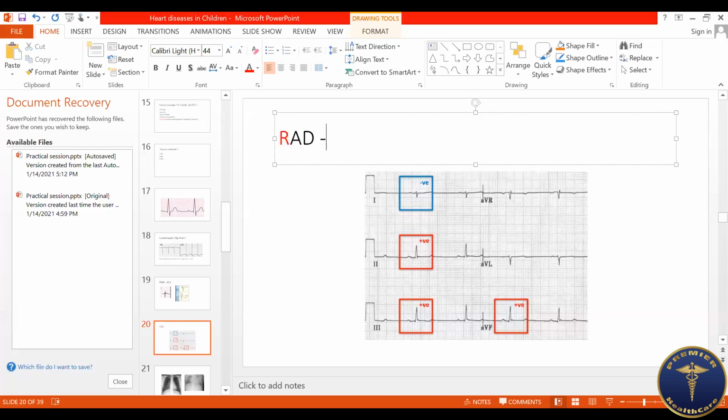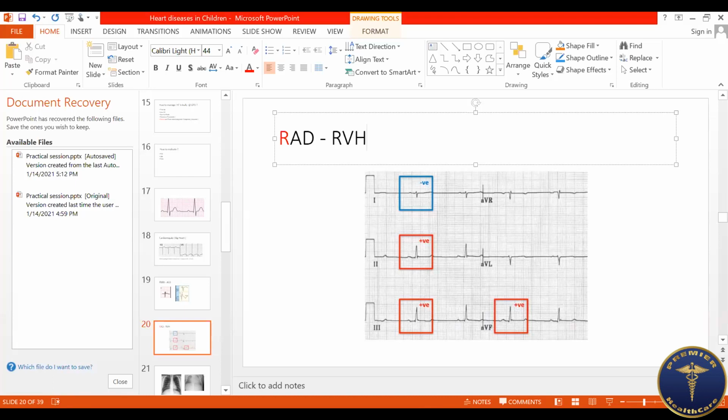The right ventricle is getting bigger due to different reasons. So if you get right axis deviation, you know that the right ventricle has got enlarged.